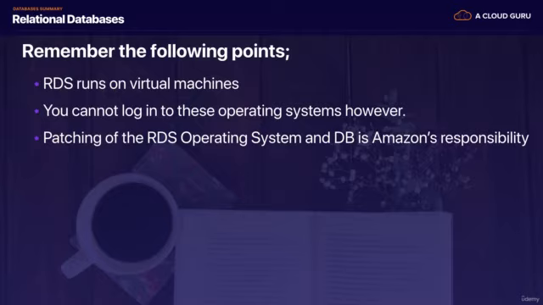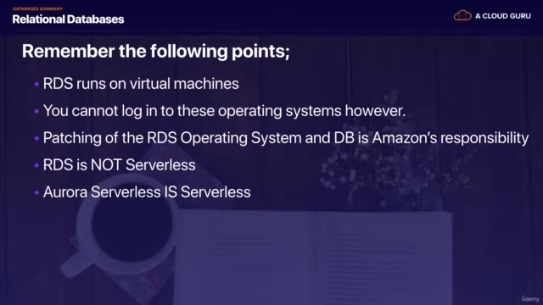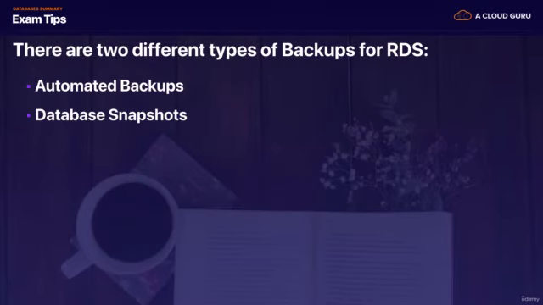Patching of the RDS operating system and database itself is always going to be Amazon's responsibility because you do not get operating system level access. Remember that RDS is not serverless. However, there's an exception to the rule. There's Aurora serverless, and that is serverless. So almost everything in RDS is not serverless, with the exception of Aurora serverless. DynamoDB is serverless, however.